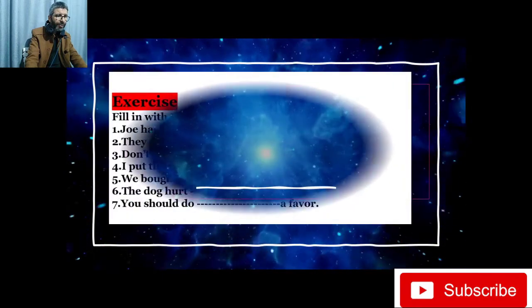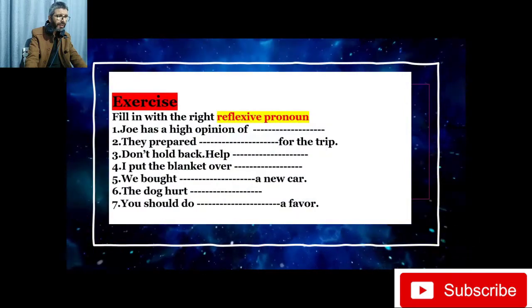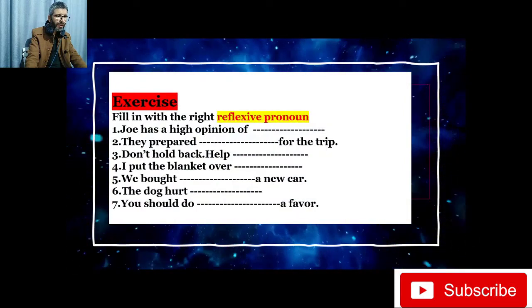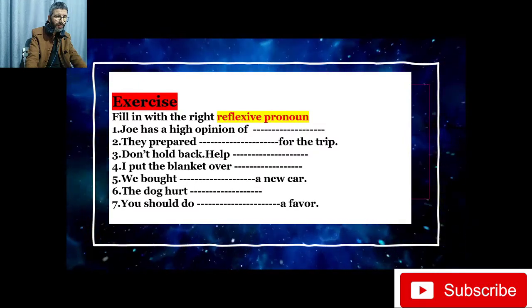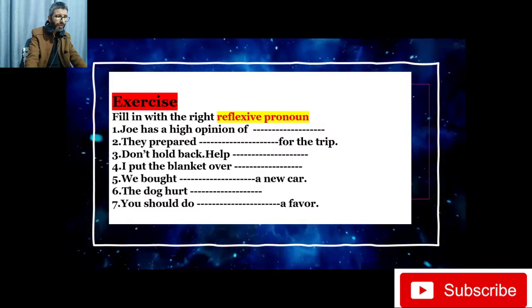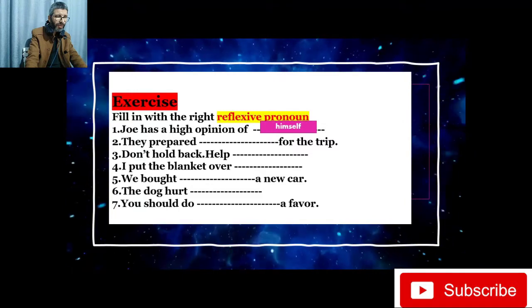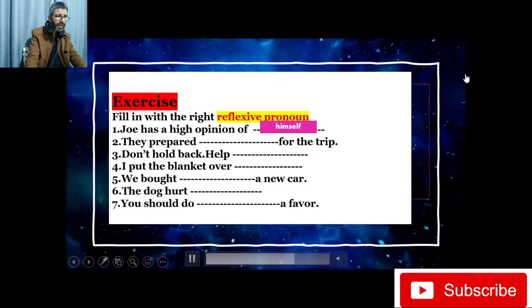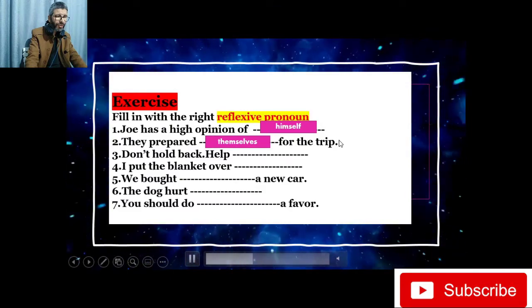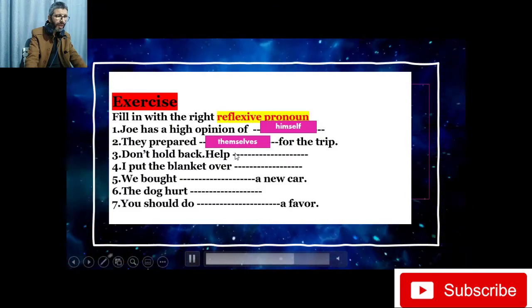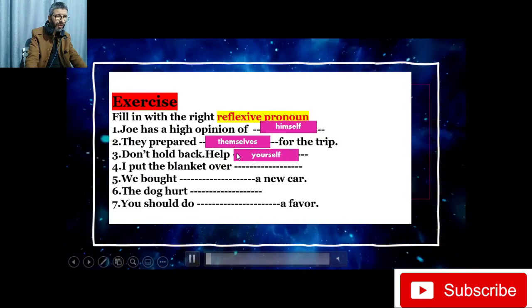Now let's move to this short exercise. Fill in with the right reflexive pronoun. Joe has a high opinion of, here Joe, so himself. They prepared, the equivalent is themselves, for the trip. Don't hold back, help yourself.